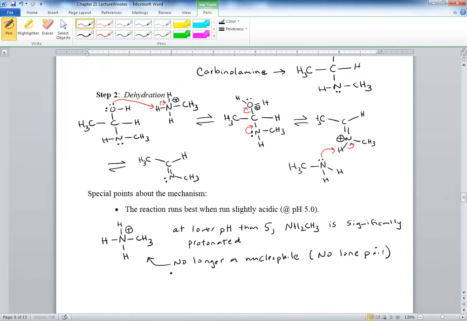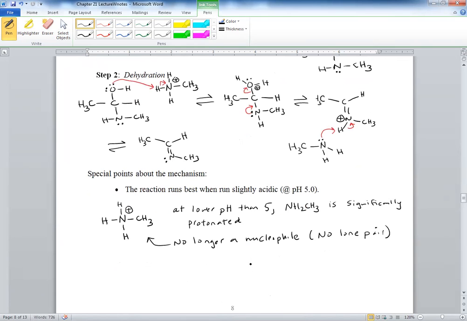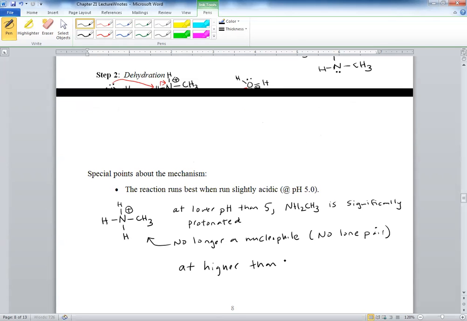Now you might ask, okay, so what about higher than 5? Well, anything higher than 5, the leaving group, which is the OH, is not protonated.